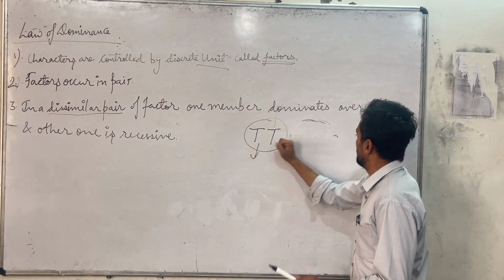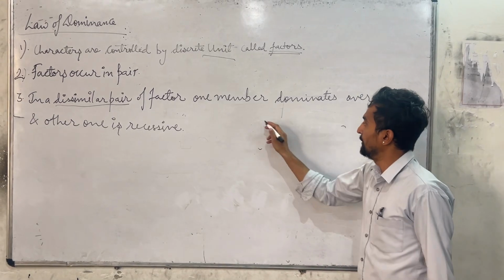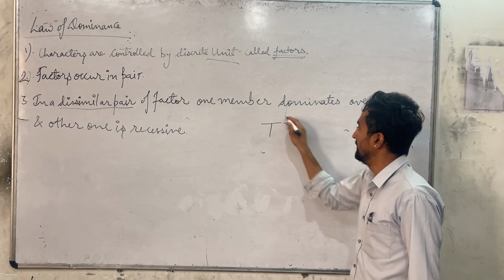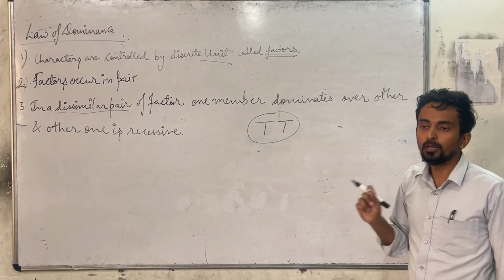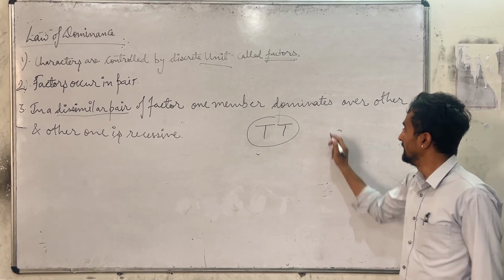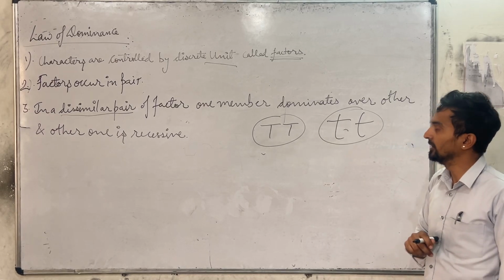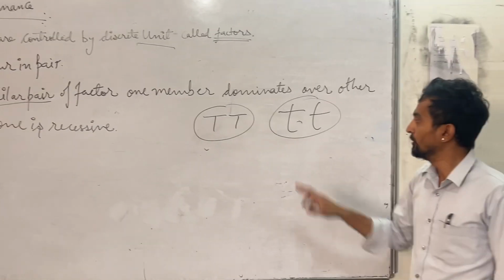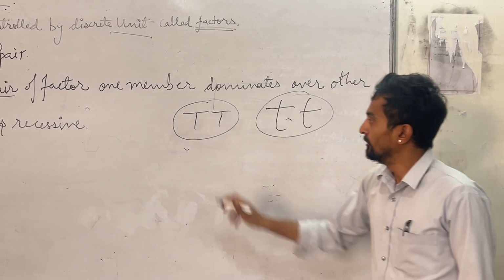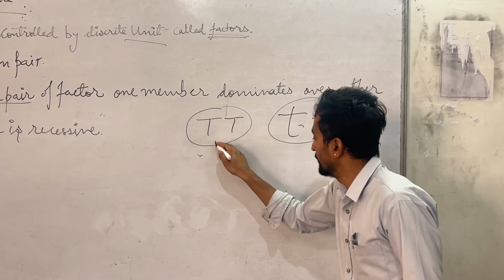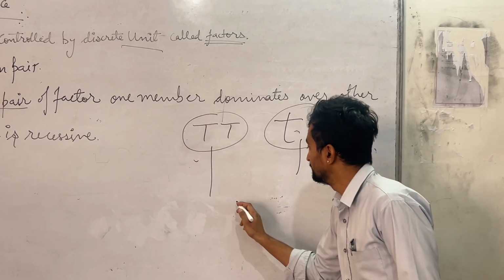Let us move to a little experiment. Consider a pure-breed parental plant with capital T capital T, which is tall, and the second, small t small t, which means dwarf. So these are the parental pure breeds. Let's cross them. If you cross these two, what will happen?